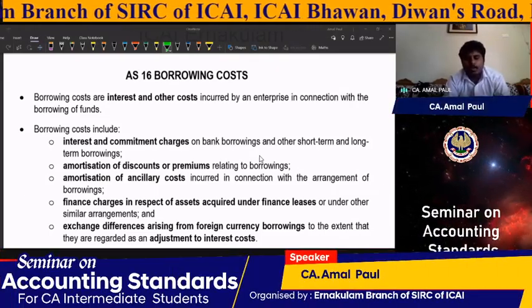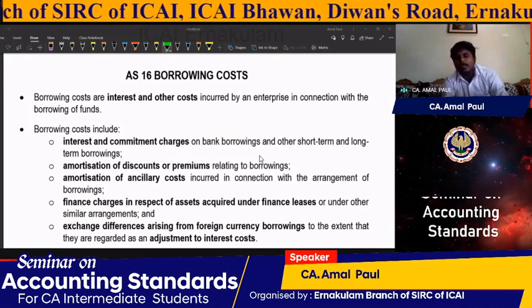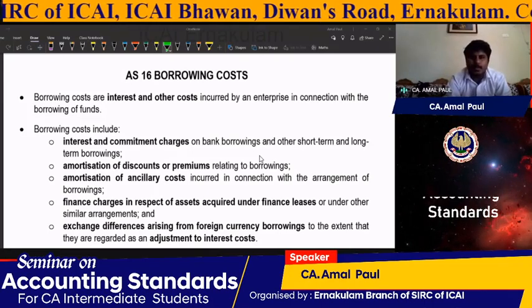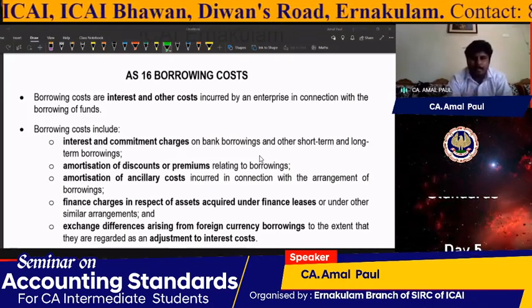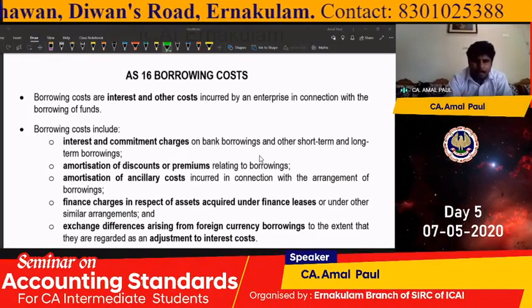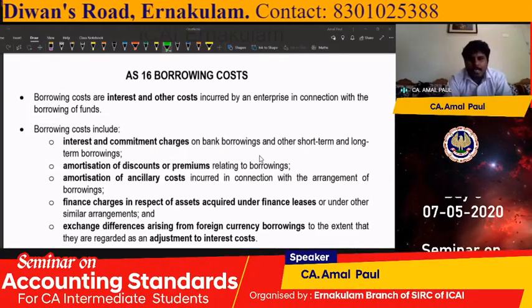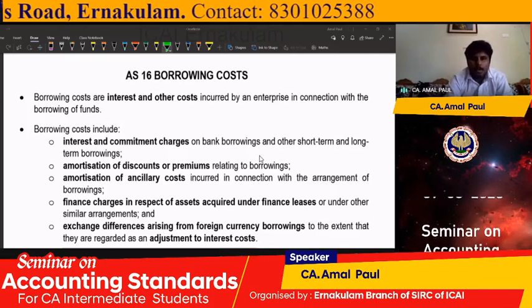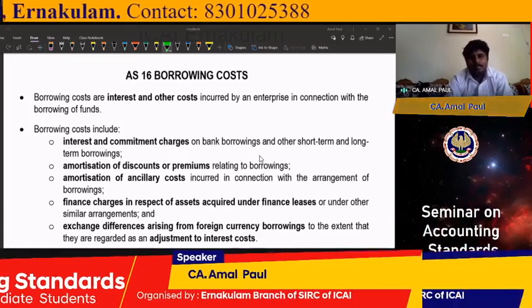Out of this, we had learned 2 more aspects. First one, cost of equity. Cost of equity, whether it is actual or imputed, will not be taken for the purpose of your borrowing cost computation as per the standard.